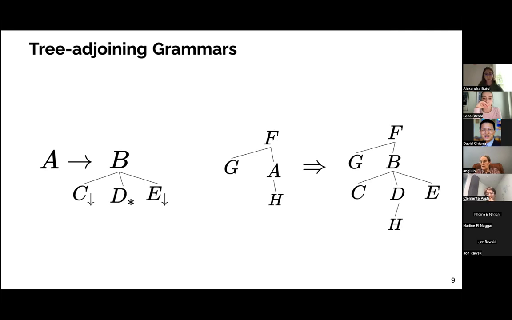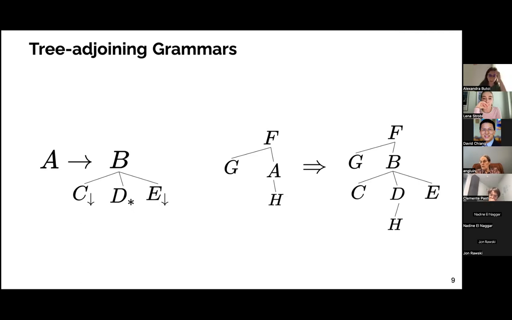So if you have this tree F with children G and A, and then A has a child H, then you can use a rewrite rule to rewrite any of the nodes. If the node is inside the tree, then it is replaced with the tree on the right-hand side of the rule, and then the subtree that was adjoined to the node gets attached back to the footnode.